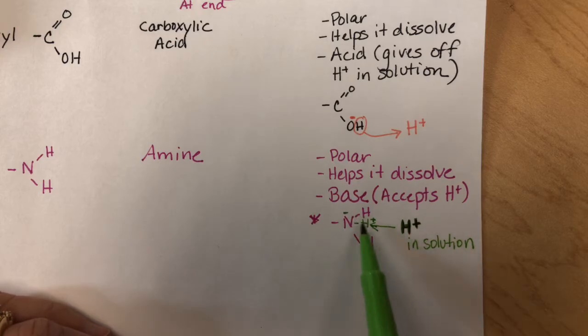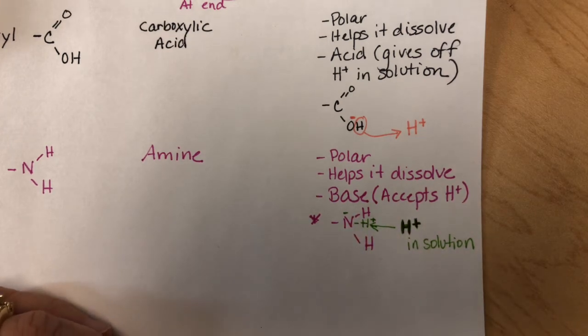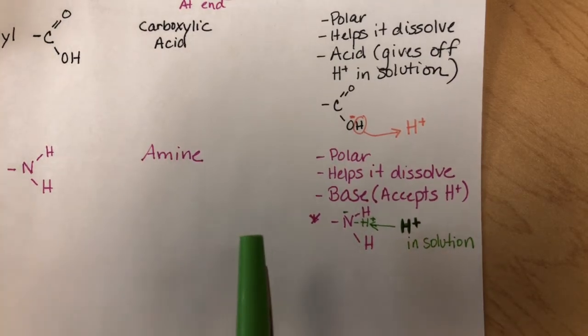And so therefore the H plus would no longer be in solution, and therefore takes the H pluses out of the solution. And that's by definition what a base is. That is one way that things can act as a base. Okay, so that's what happens there.